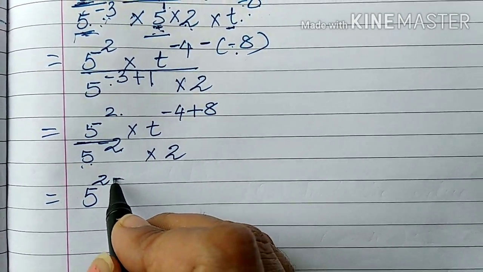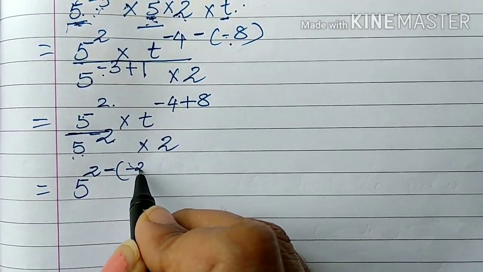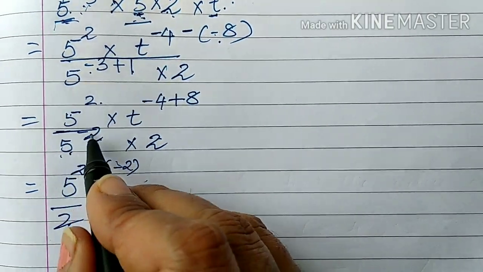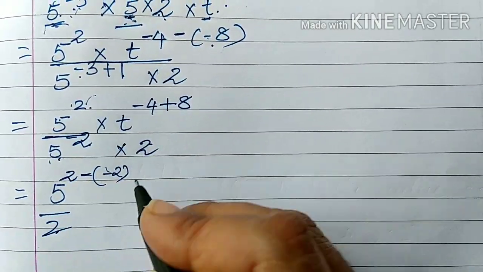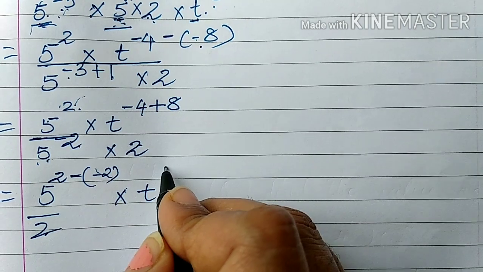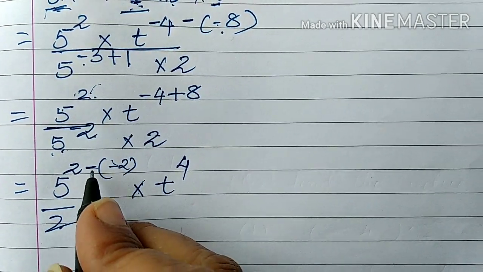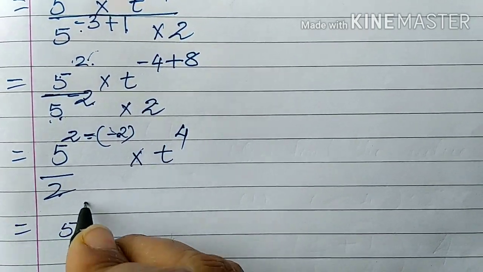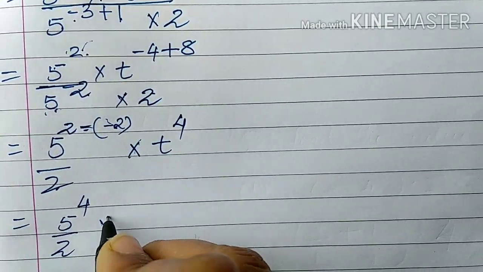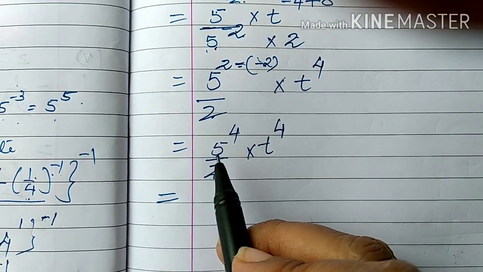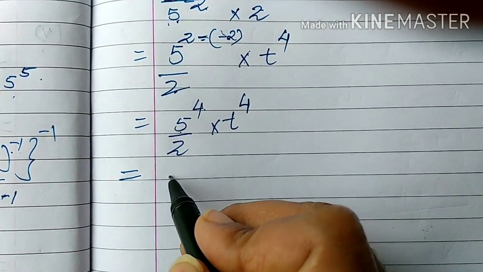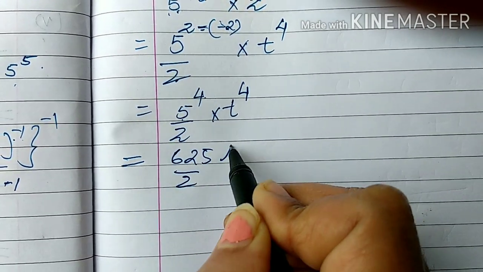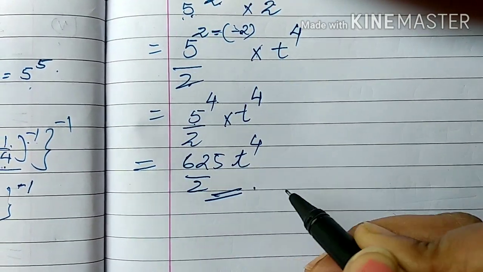So 2 minus minus 2 upon 2 is there, this 2 is already there, and t raised to 8 minus 4 is 4. Now minus is again plus, so 2 plus 2 is 4, so it is 5 raised to 4 upon 2 into t raised to 4. Again 5 raised to 4 means 5 is multiplied 4 times, so it will become 625 upon 2 into t raised to 4. So this is our final answer.